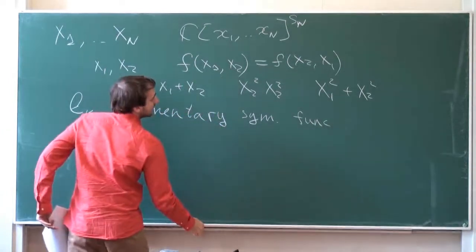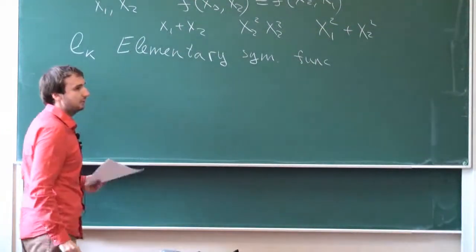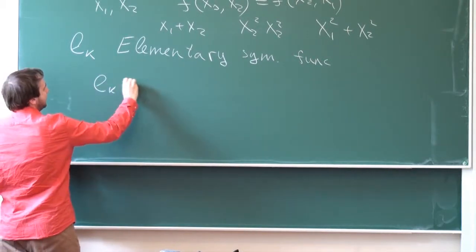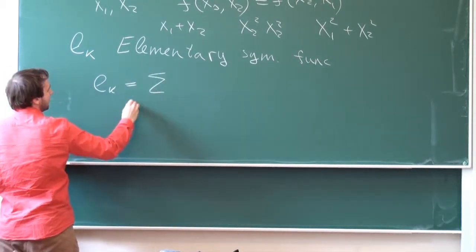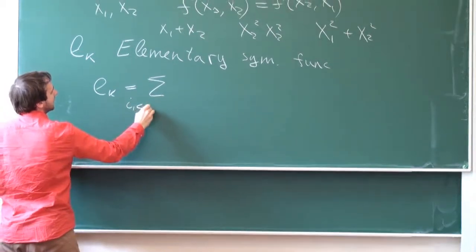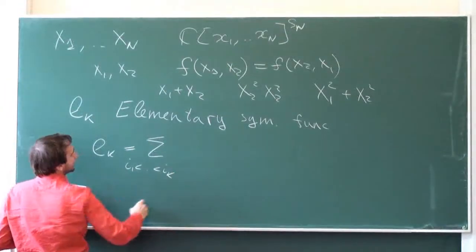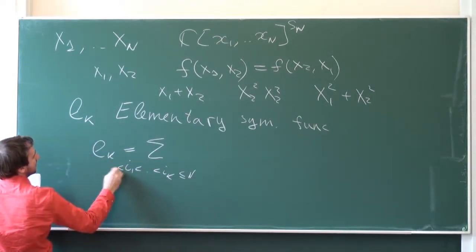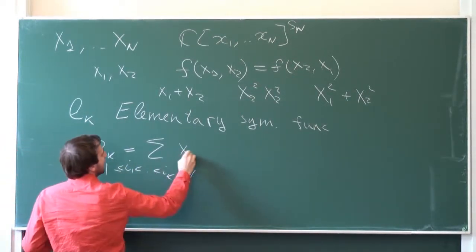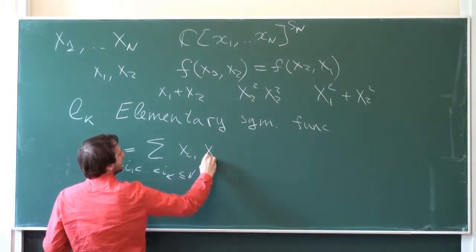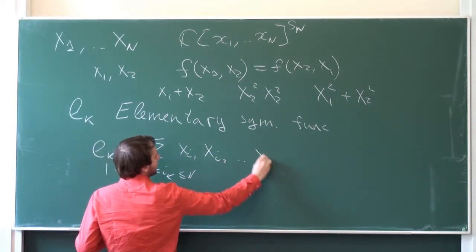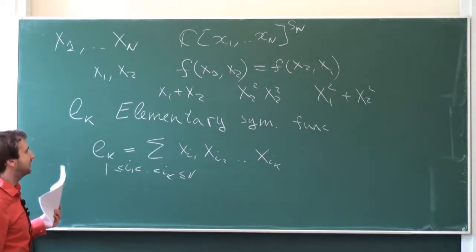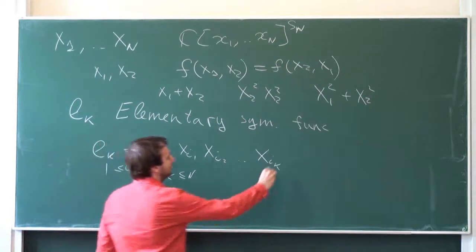So what is it? For a finite collection of variables, it's a very simple thing. So e_k is the sum, where the indices are from 1 to n, of x_{i1} times x_{i2} ... x_{ik}. So what does it mean? Suppose that we have 3 variables. So n is equal to 3.